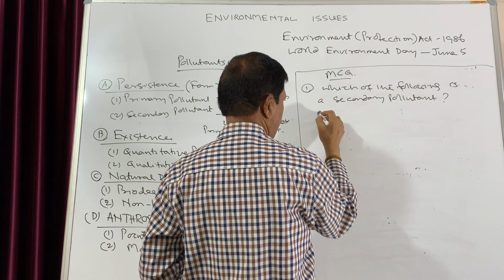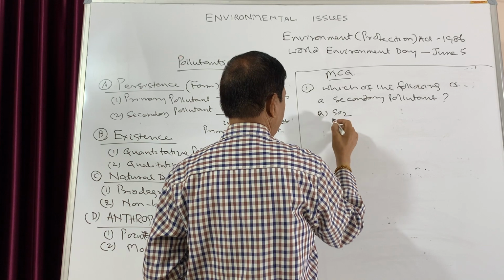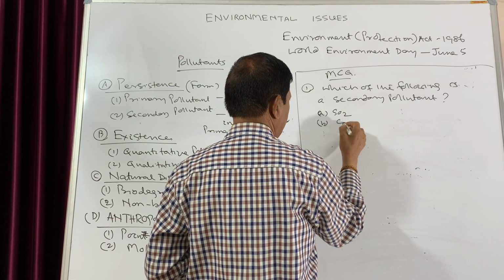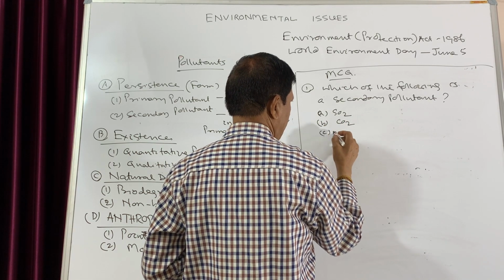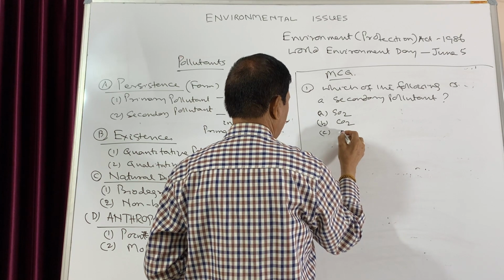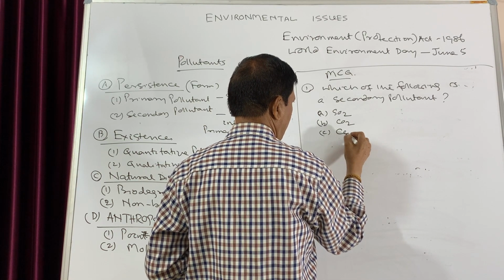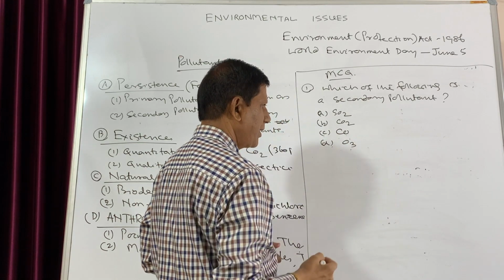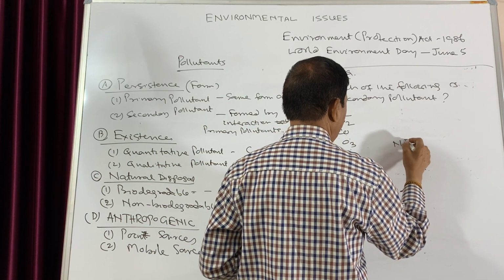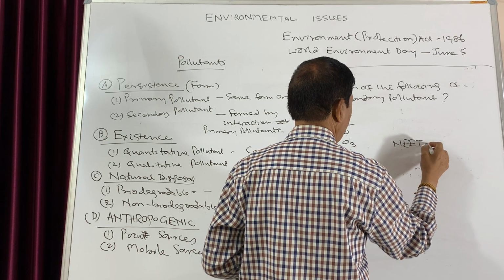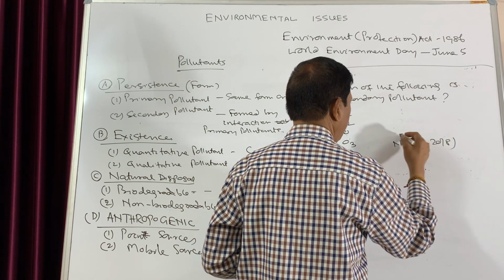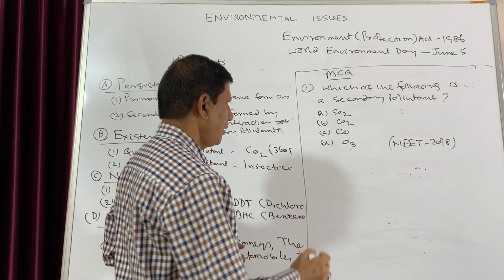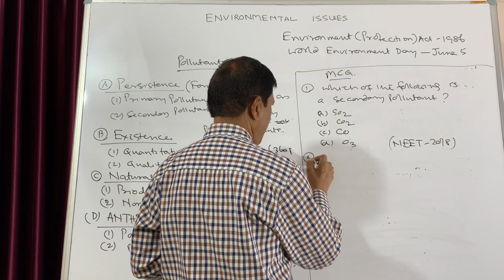The first choice is sulfur dioxide, the second choice is carbon dioxide, the third choice is carbon monoxide, and the fourth choice is ozone. And this question was asked in NEET 2018.